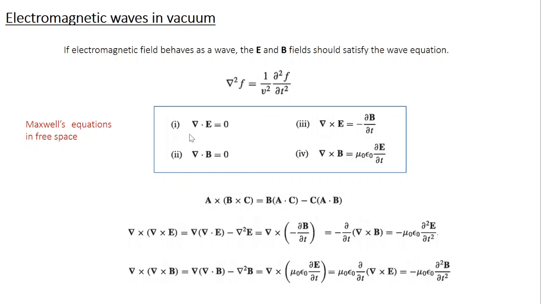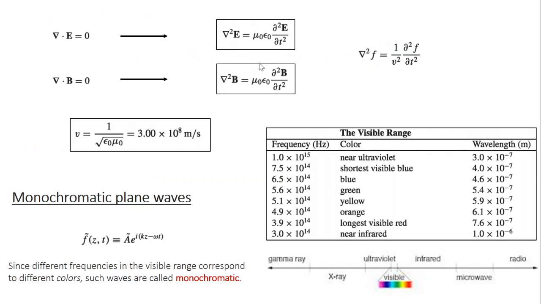If you consider the first two equations, divergence of E equal to 0, divergence of B equal to 0, so you can disregard these two terms on the left-hand side. The equation gets simplified. The first becomes del square E equal to mu naught epsilon naught dou square E by dou t square. The second becomes del square B equal to mu naught epsilon naught dou square B by dou t square.